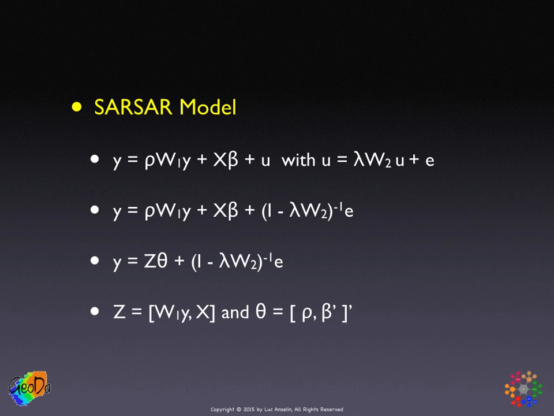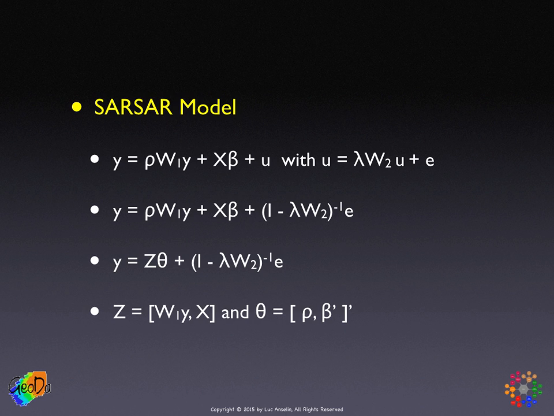So the model, to recap, includes both a regression specification that has a spatially lag-dependent variable on the right-hand side, W1y, and for the sake of generality, we allow the spatial weights to be different between the regression specification and the error specification, where we have a spatial autoregressive model with the weights matrix W2 for the error term u.